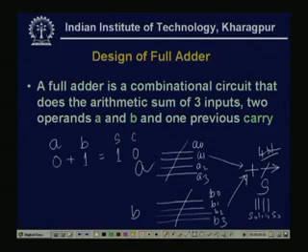Now, in this case the half adder will not be sufficient, because if we take one example, see my A is 4 bit, A0, A1, A2, A3.